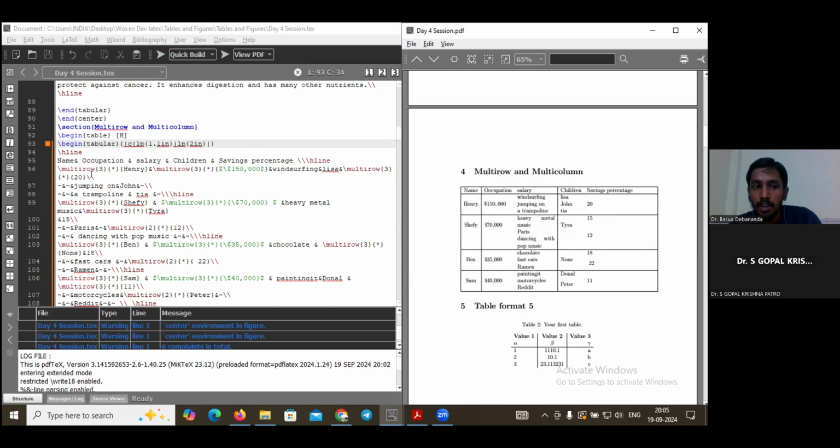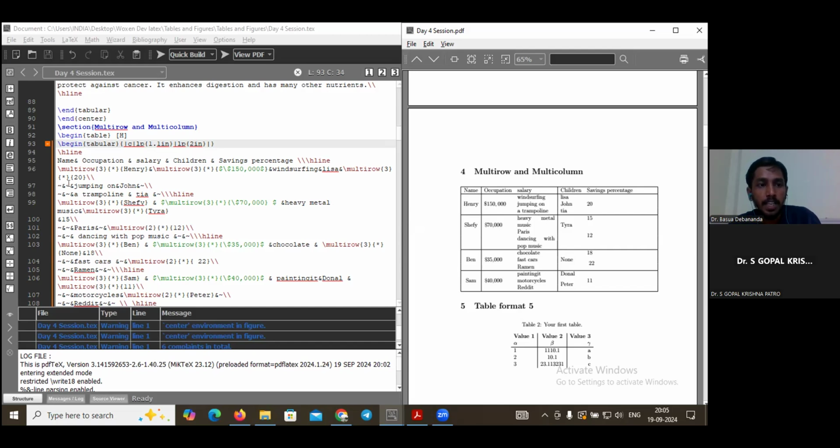In the next line I have to write double slash. This is the tilde. Tilde means you can leave a space, or if you want more space, you just type more tildes. Tilde is for spacing only, no need to worry.